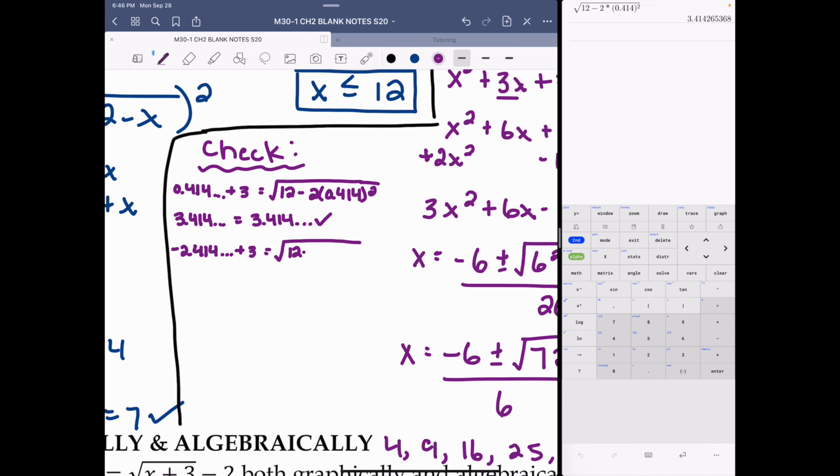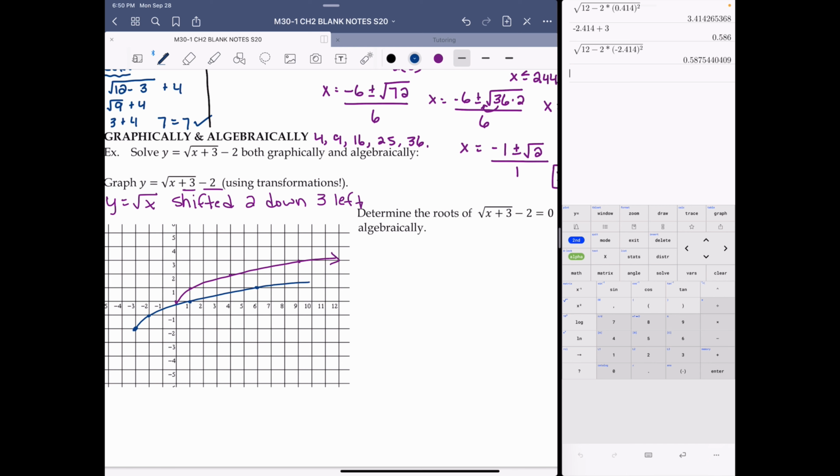And then the point at 1, 1 goes down 2 and left 3. The point at 4, 2 goes down 2 and left 3. And then the point at 9, 3 goes down 2 and left 3. So we get this transformed radical function in blue.